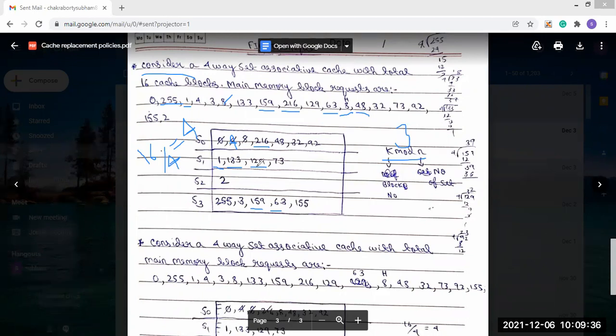Now the FIFO technique says first in, first out. Among 0, 4, 8, 216, which block came first? We know the 0 block came first.